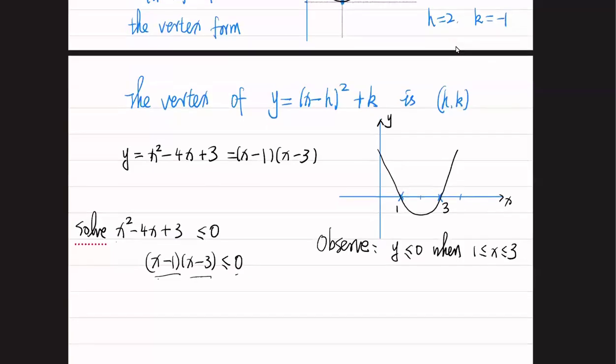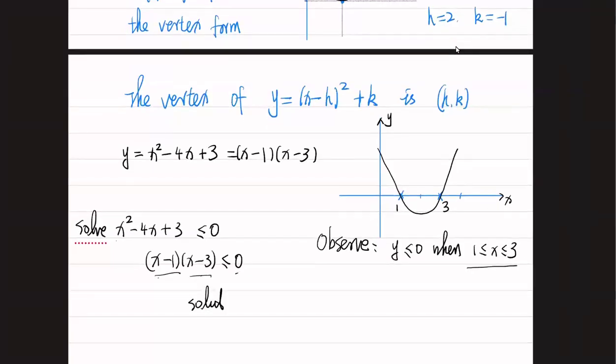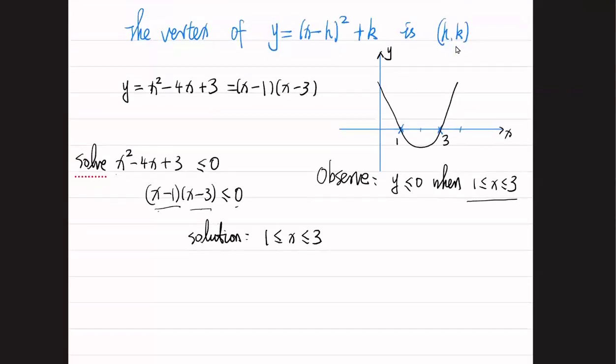Then this will be the solution. Okay, a similar one. Solve.